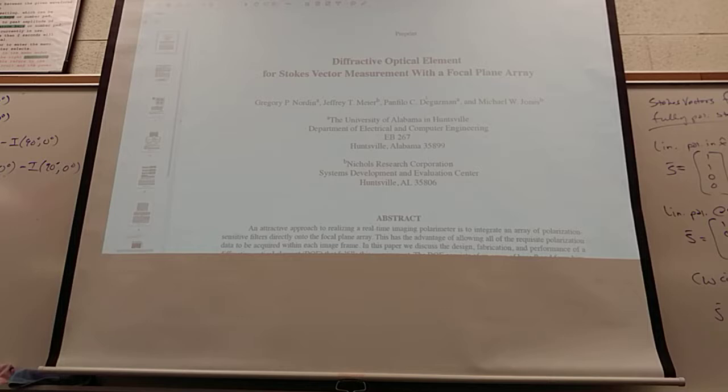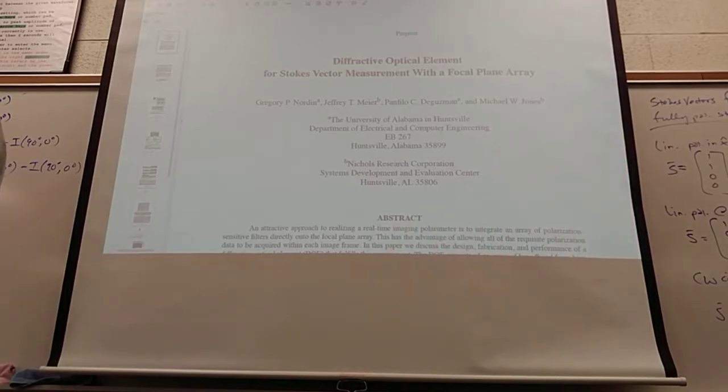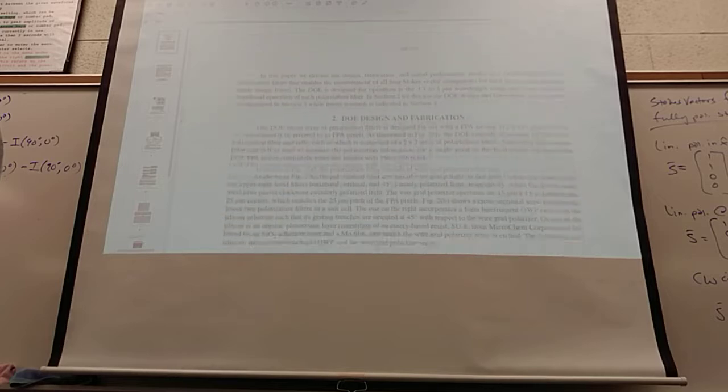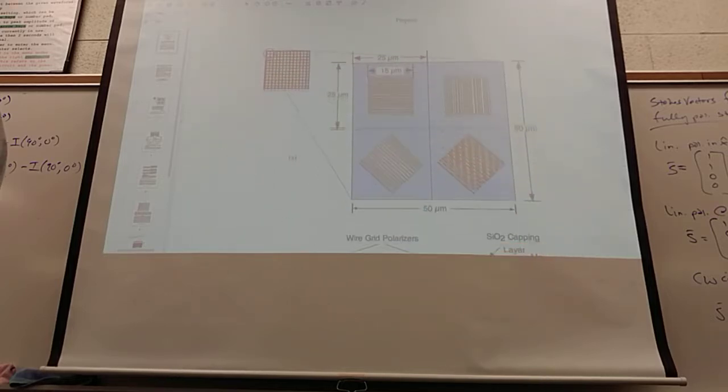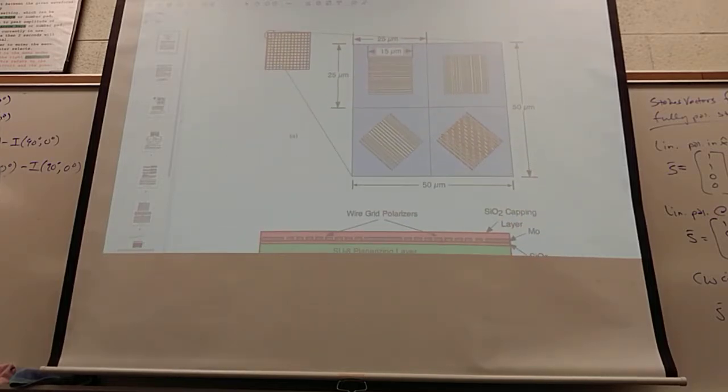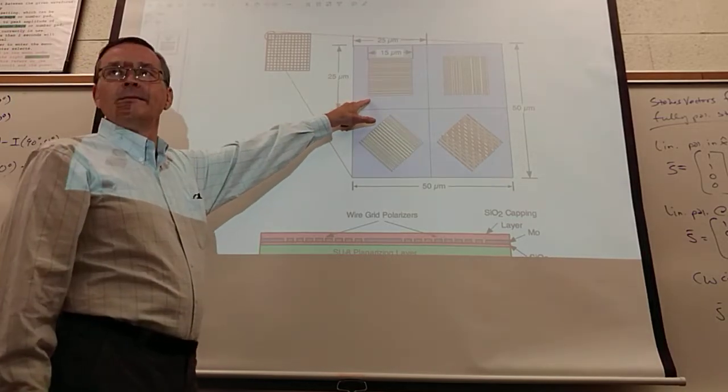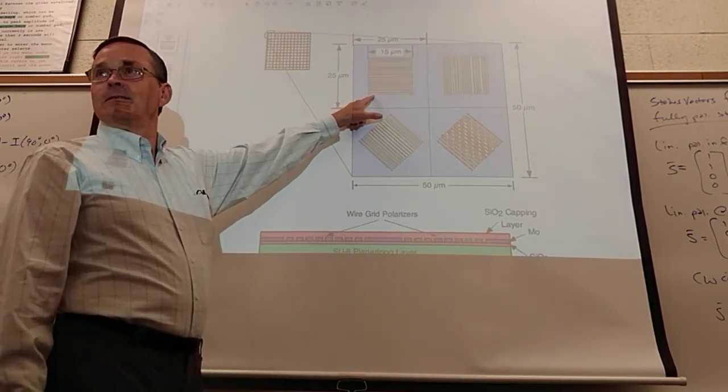Okay, so remember I showed you this paper, was it last time? Is this the one where you made all the little micro polarizers? Yeah. So let's just take a closer look at this. This is a unit cell replicated across the full focal plane array. So what is this? It's a wire grid polarizer, right? What does it pass?